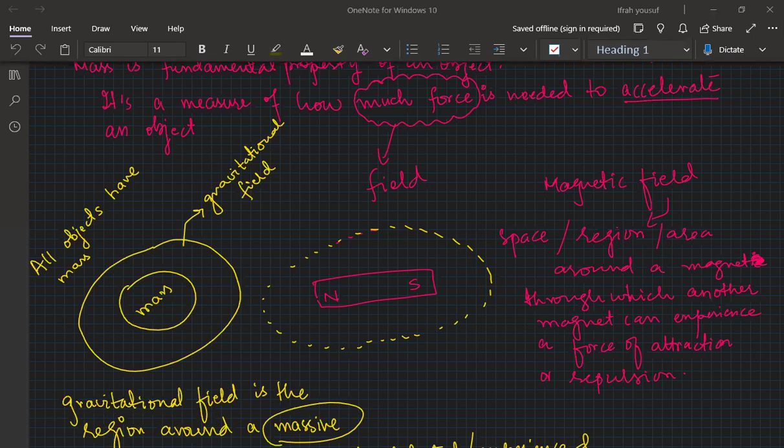When we talk about a massive object, it also depends on the distance, how far you are from the object.